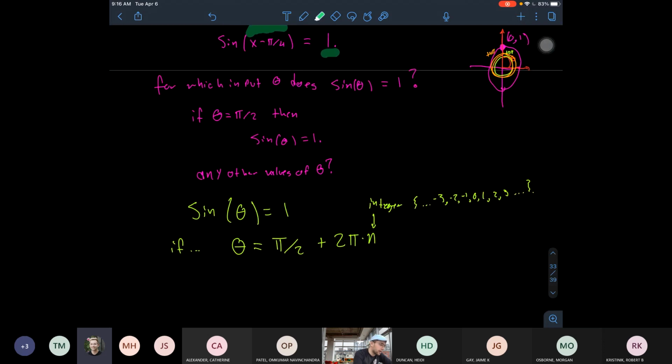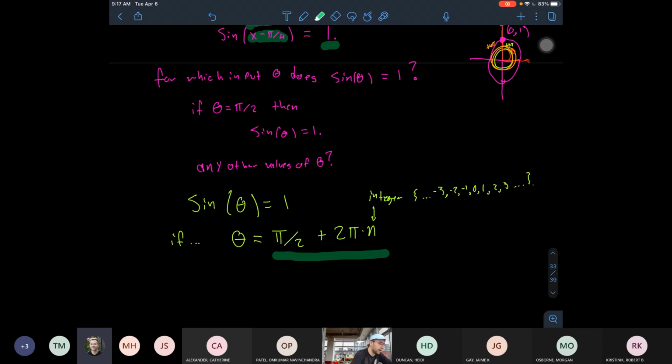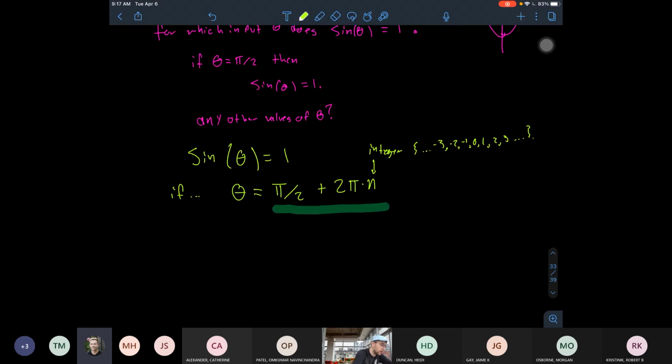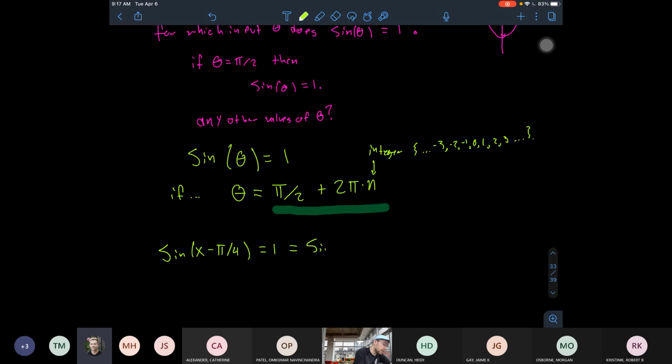Now our goal is to find out when is x minus pi over 4 going to be an input which causes the sine function to take value 1. And we know the form of every single input which causes the sine function to be equal to 1. Okay. So all we need to do now is say, well, we want sine of x minus pi over 4 to be equal to 1, which is equal to sine of theta.